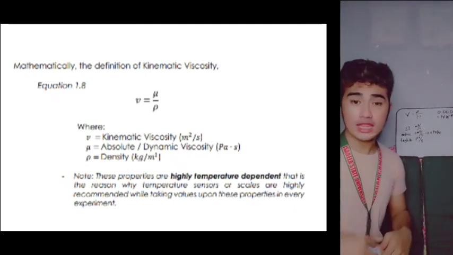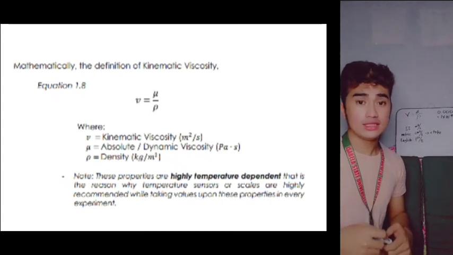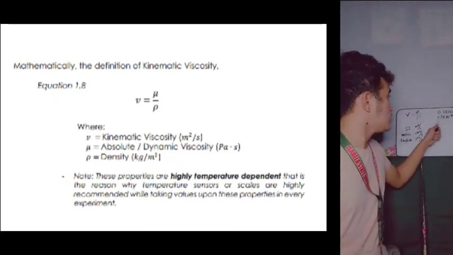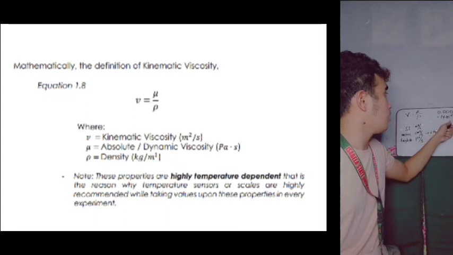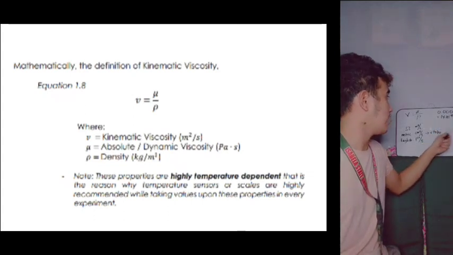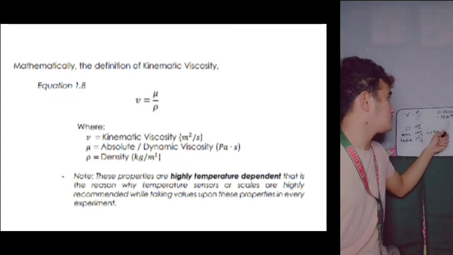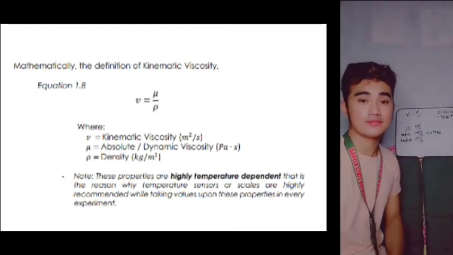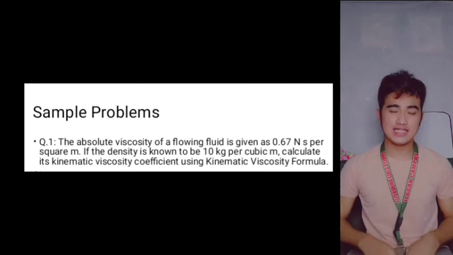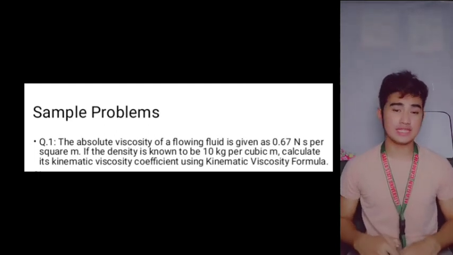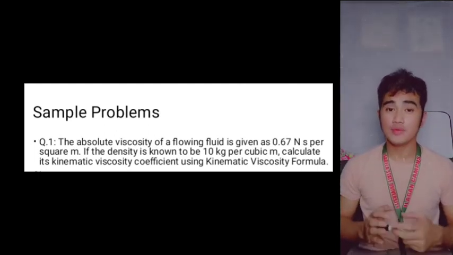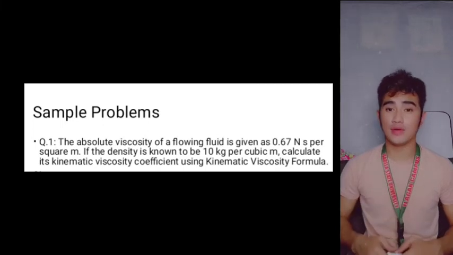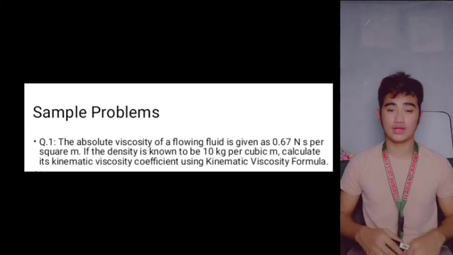So important notes lang guys, 1 Stoke is equivalent to 0.0001 meter squared per second, or 1 times 10 raised to negative 4 m squared per second. So for you guys to understand more about our topic, kinematic viscosity, we prepare here 2 sample problems that we are going to answer.